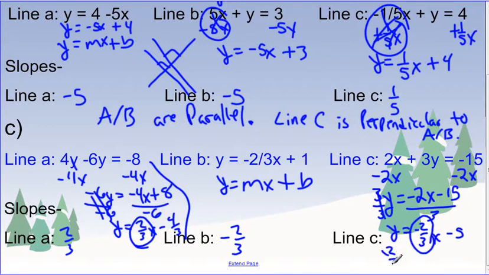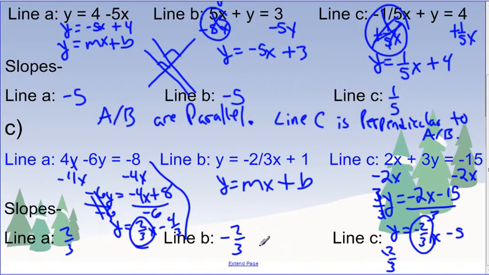Okay, so now we've found the slope for each of them. Which of them either have the same exact slopes or opposite reciprocal slopes? Well, I see line B and C have the exact same, both negative 2/3.